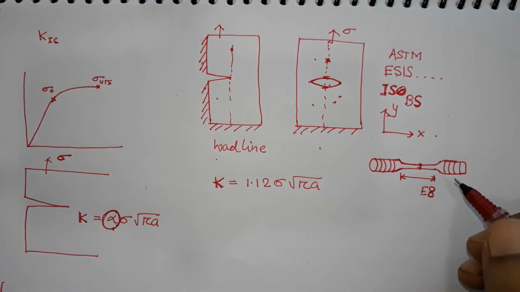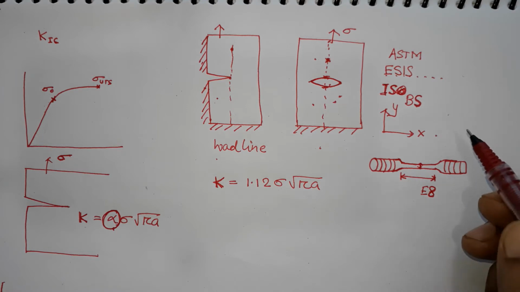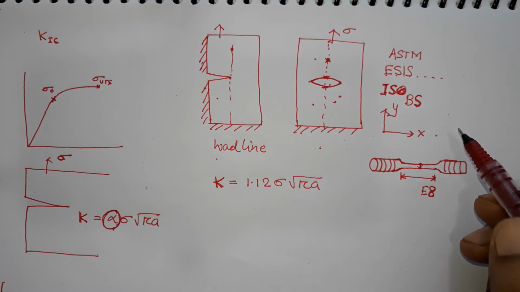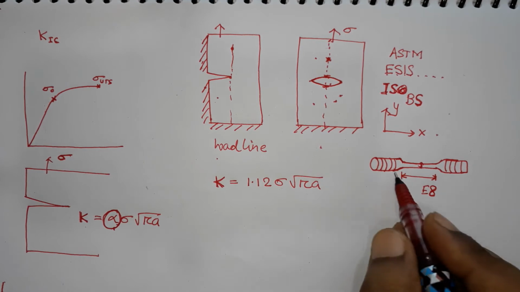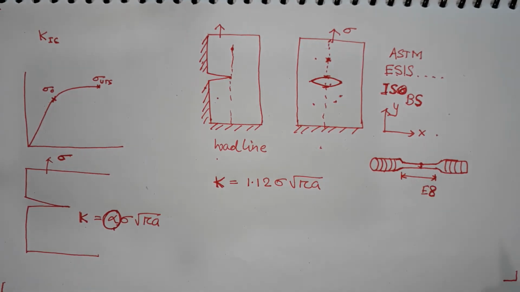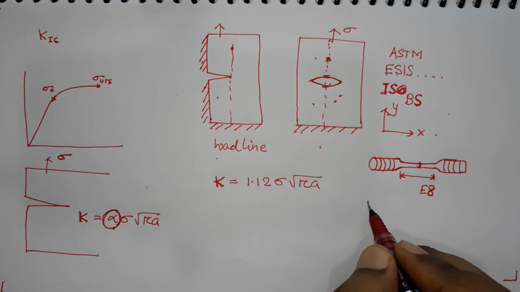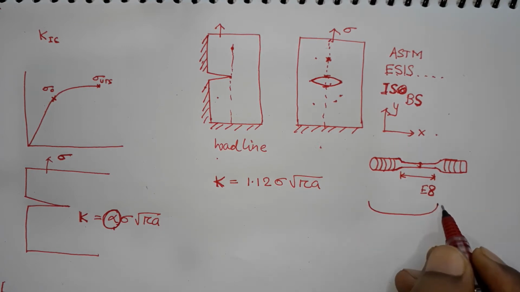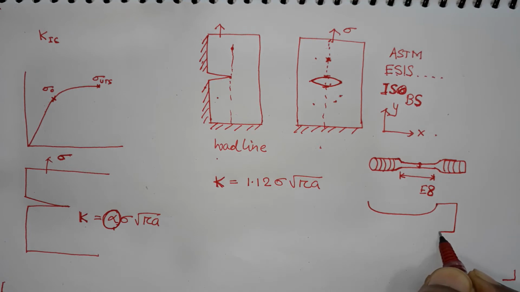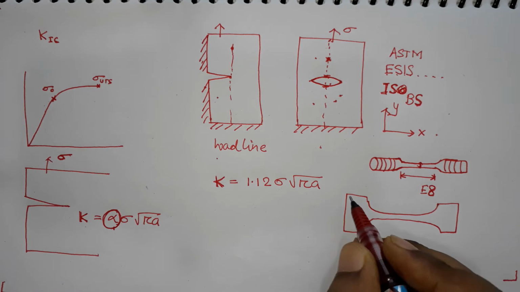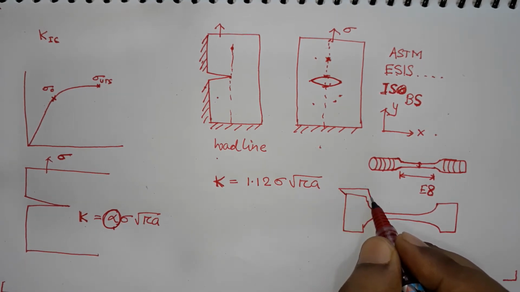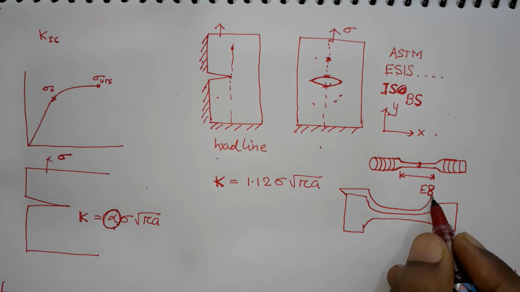So, usually in our country we mostly follow the ASTM standard as long as the mechanical behavior and testing of materials is concerned. So, for a tensile specimen we have the round cylindrical specimen, which is standard, then we have the rectangular specimen, where you have this kind of rectangular piece, and this is how it will look in 3 dimensions.